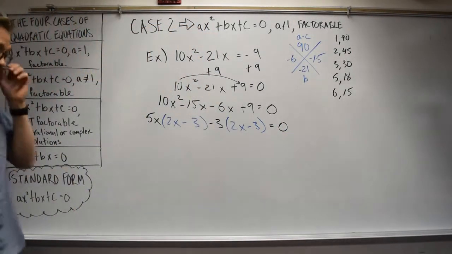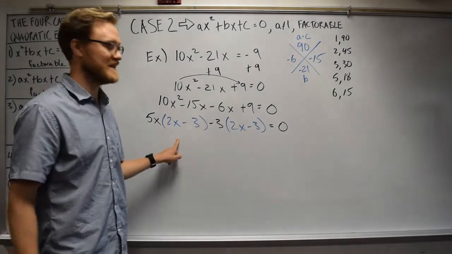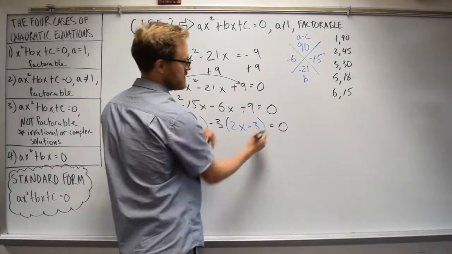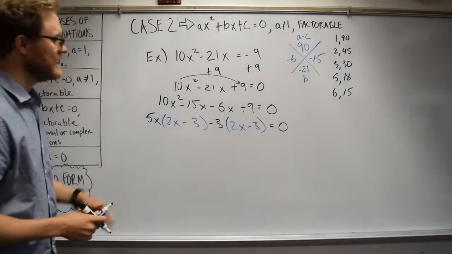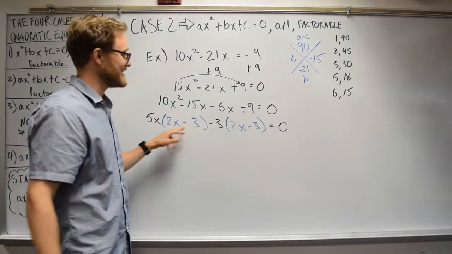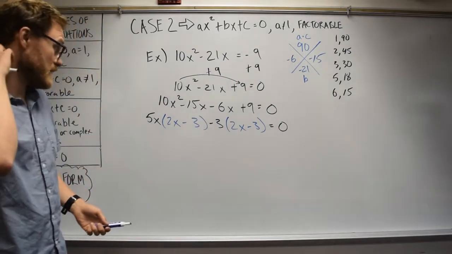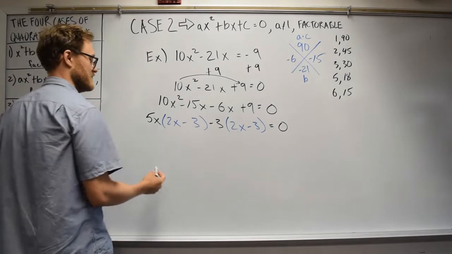What you should notice at this point is that these two binomials are the same. So I can factor the 2x minus 3 out of both of those groupings. These should always end up as the same binomials. If they don't, then you made a mistake earlier on, or the equation's not factorable.